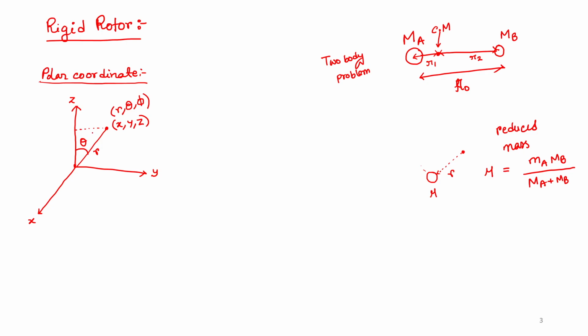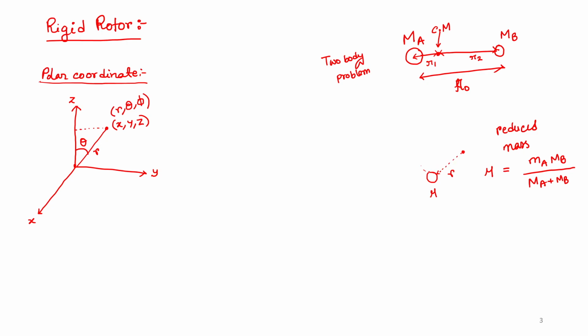Why is it required that we transform from Cartesian coordinates to polar coordinates? Right now we have fixed our bond length, so we will not see the change along r.